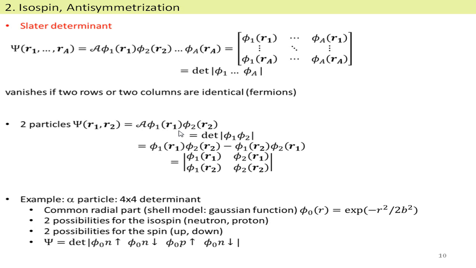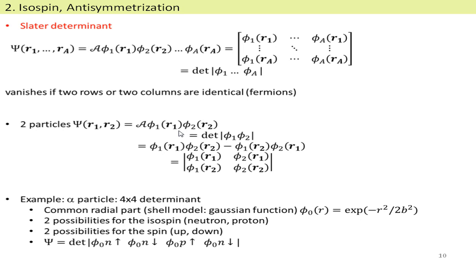And this is completely equivalent to a Slater determinant with the different functions, phi 1, phi 2, phi A here as the columns, and in the lines you simply change the coordinates of the particles. So this function is exactly antisymmetric, because if you change 2 columns or 2 lines, you get a sign minus.